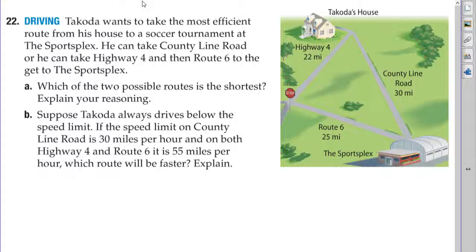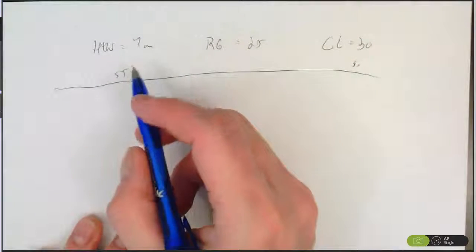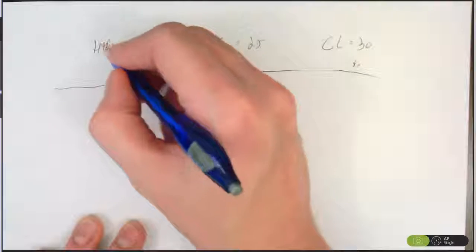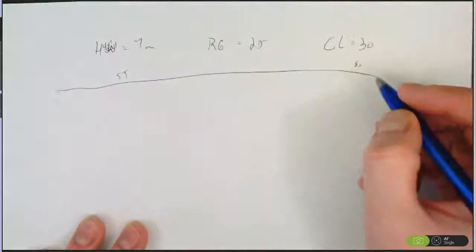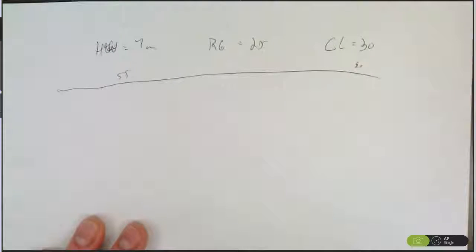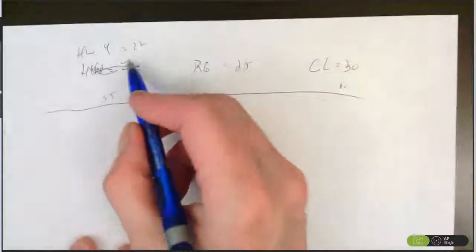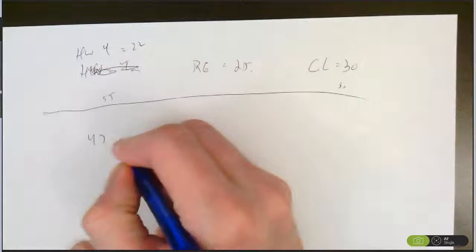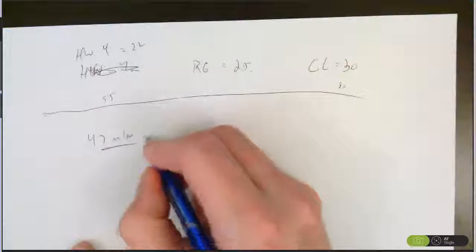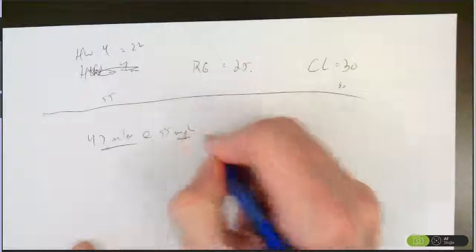Okay, here's the deal. Highway 4 is 22. There we go. So Highway 4 and Route 6 together are 47 miles at 55 miles per hour.